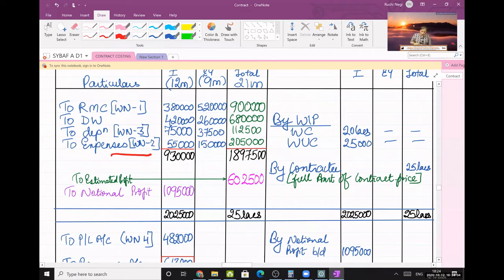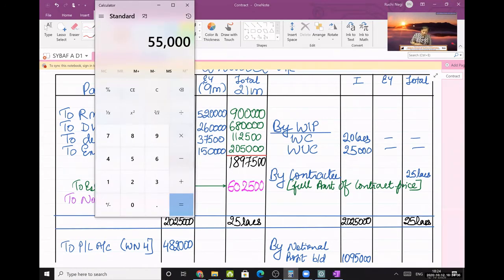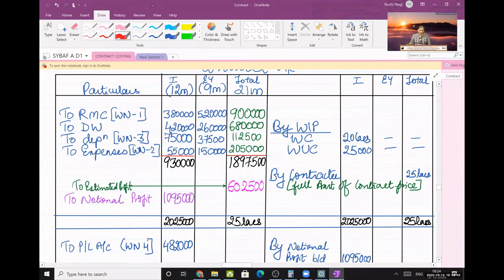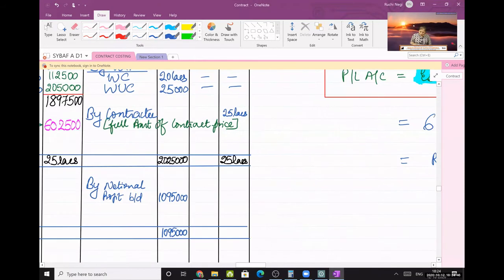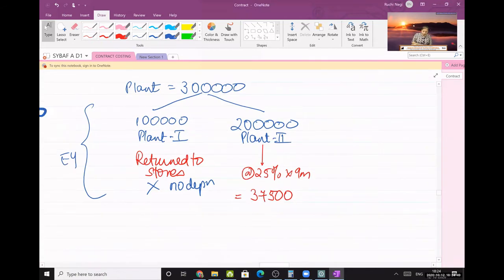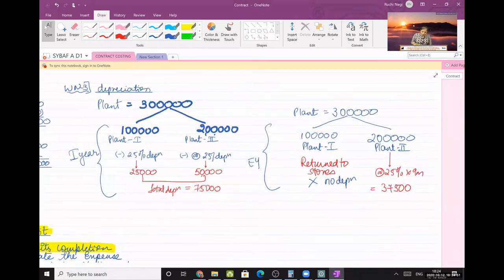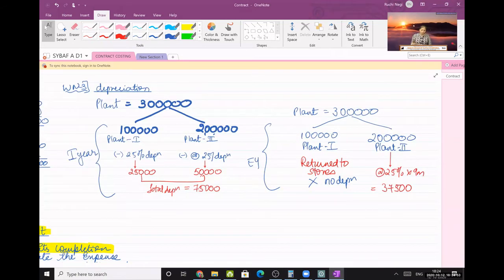Total it: 55,000 plus 1,50,000, 2,05,000. Okay, then we did depreciation also. This part of depreciation is very, very important.